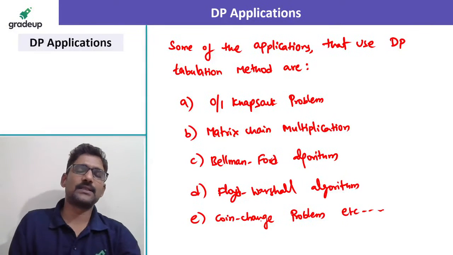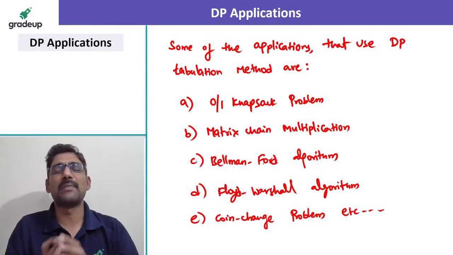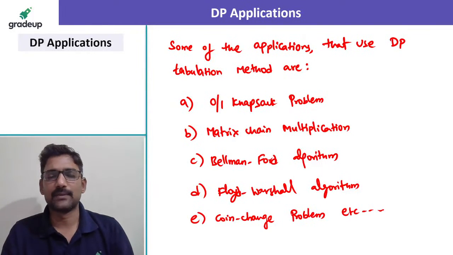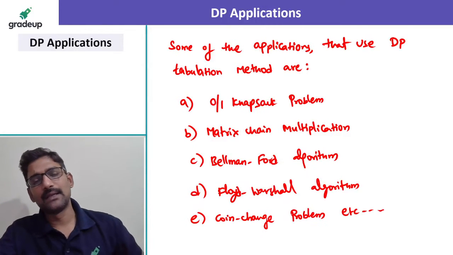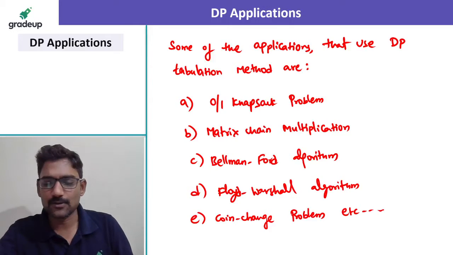Just these five are not the only applications. There are many more applications for dynamic programming. I have mentioned just some samples, and I will give a brief of these also.